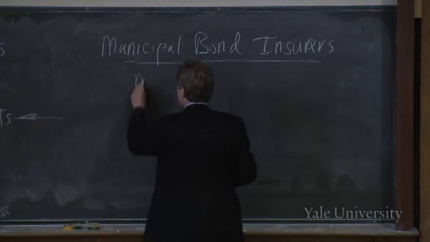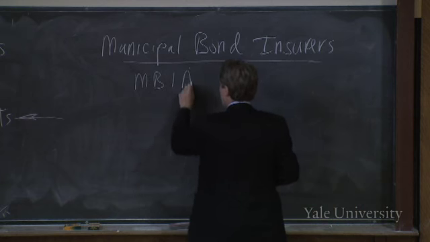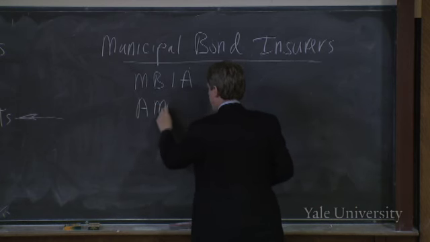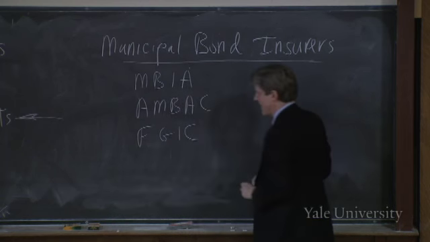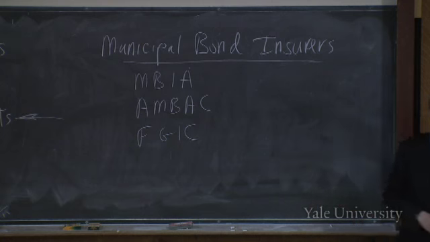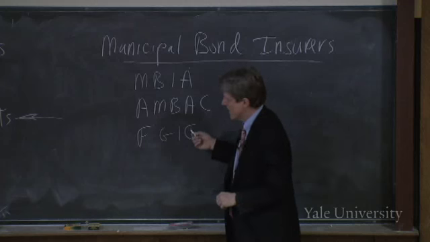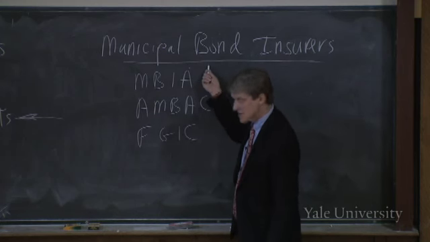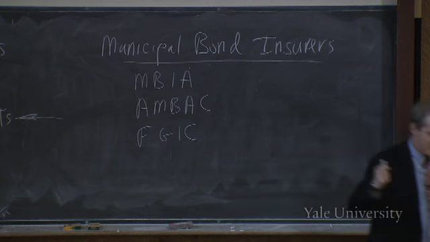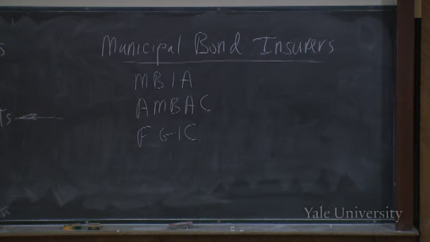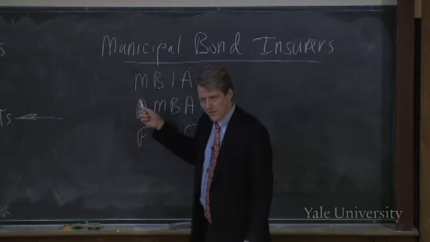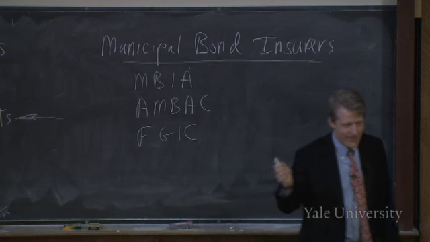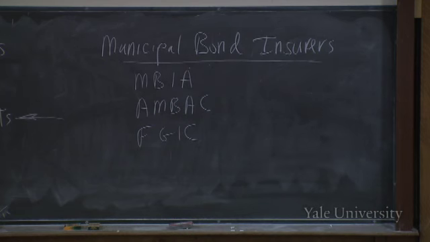And they have names. The big ones are MBIA, AMBAC, FGIC. That's not FDIC. It's not the Federal Deposit Insurance Corporation. It's FGIC. And there are others as well. Okay? And so what these do is they insure the bond, they insure the investor against the municipality failing to pay on the bond. All right? And so lots of investors won't buy a municipal bond unless it's insured. Okay?